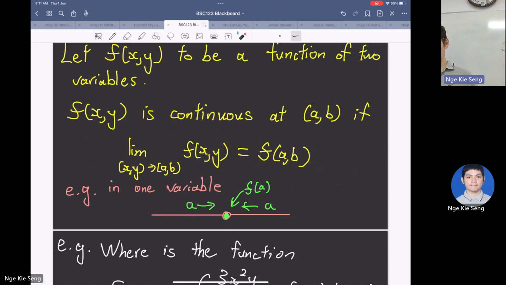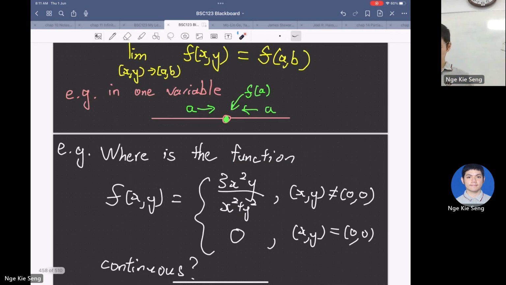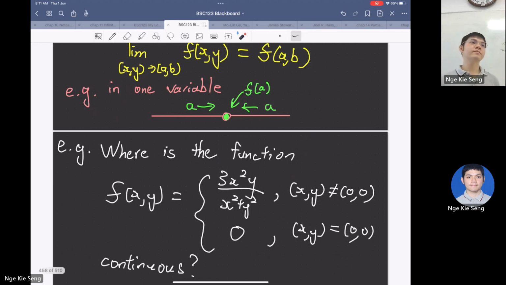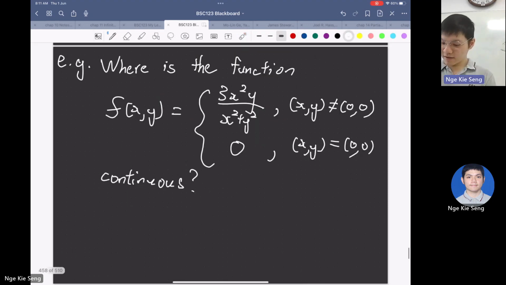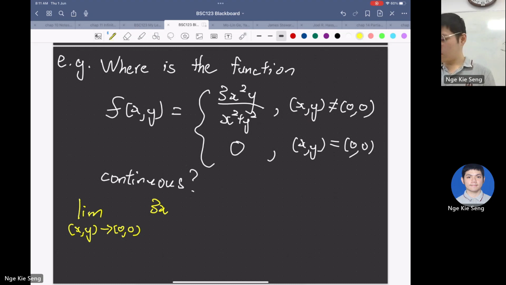Compute what's the limit of your function here.